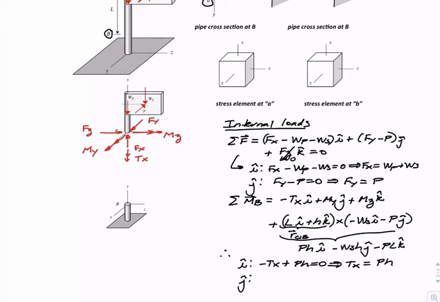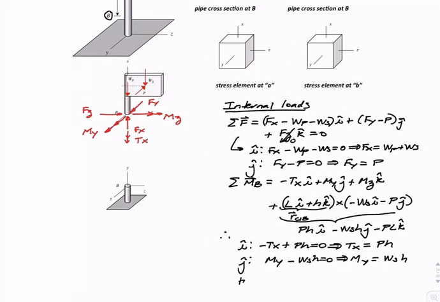The j components give us My minus Ws times h is 0, so the bending moment about the y-axis is Ws, the weight, times the distance h. And the k component says that the z component of M minus the wind load p times the distance l is 0, giving us the bending moment about z is equal to p times l.